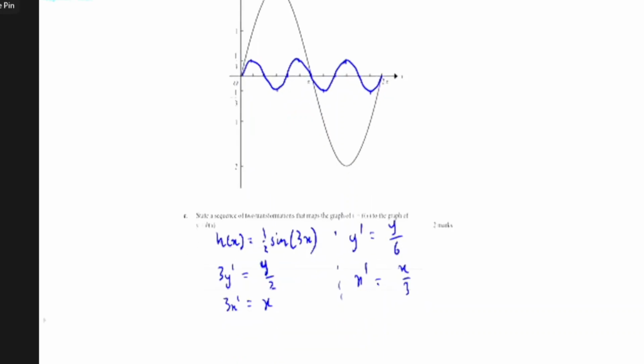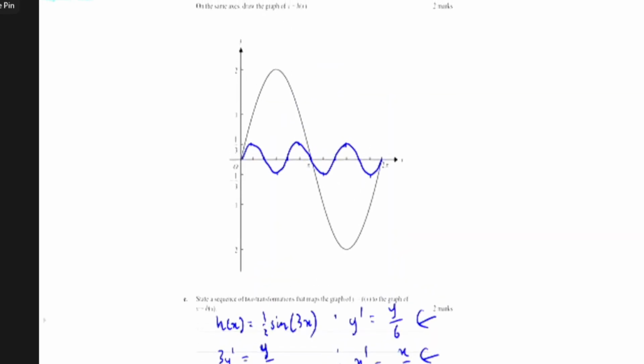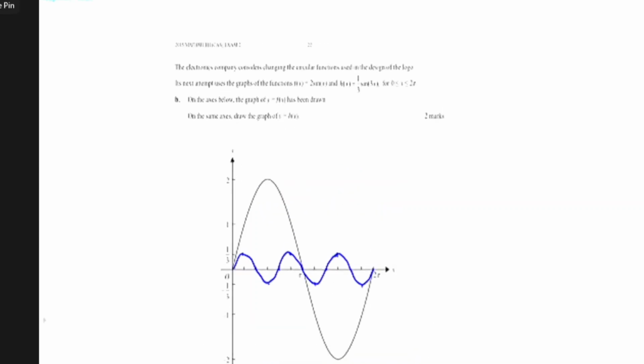So that means we've got a dilation of 1/6 from the x-axis and a dilation of 1/3 from the y-axis, from these two. That's when we map this onto this.